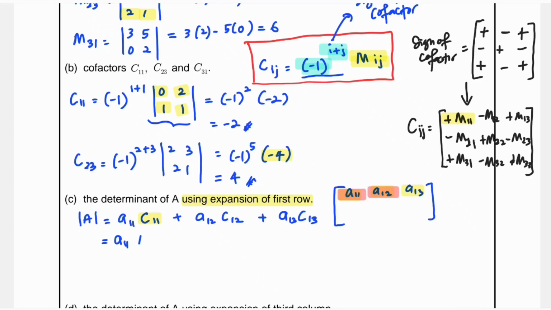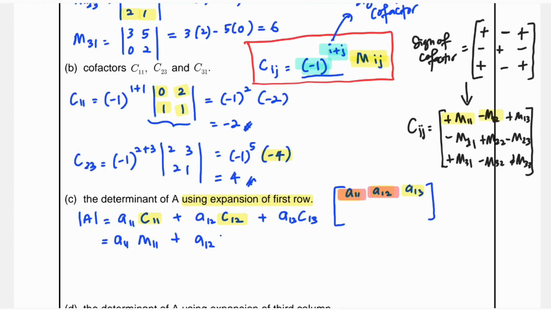Plus A12 multiplied with C12, where C12 is equal to negative M12.